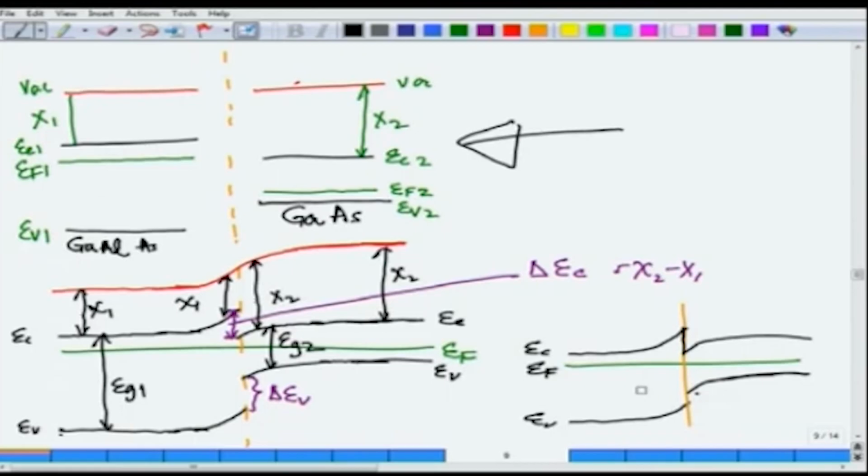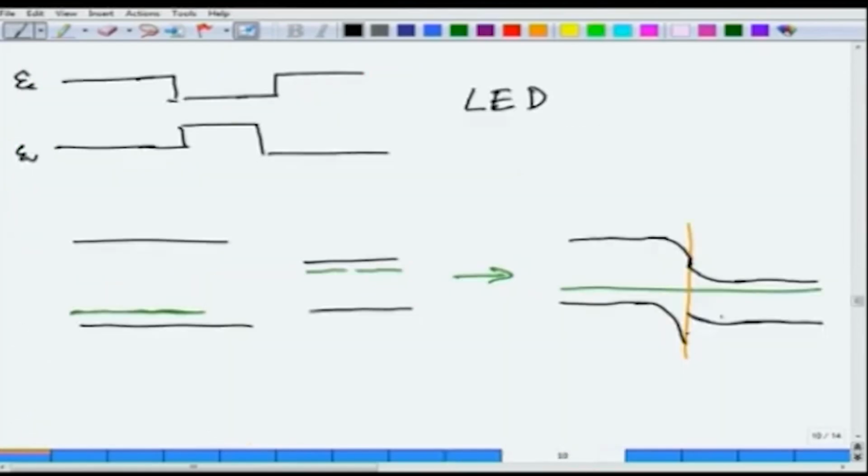We have drawn it right here. So in this case it reverses. This kind of feature goes to the bottom. You should be able to try this exactly using the same level, and the vacuum level, of course, will in this case remain something like this. The vacuum level will look something like this. This will be the vacuum level, this will be the EC, and this will be the EV. So you should be able to practice this diagram.